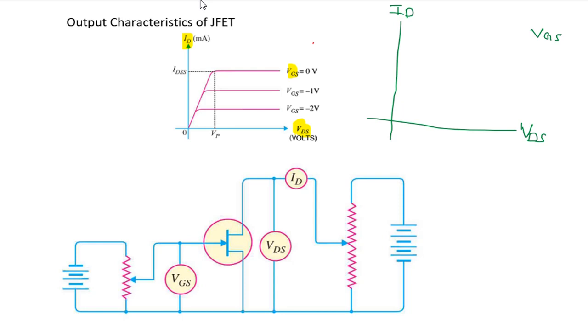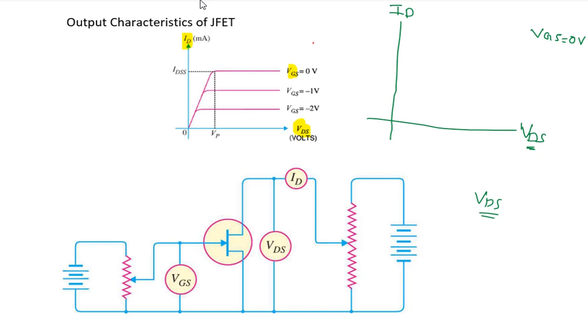And how we will plot this curve? First, we will keep VGS at some value. Suppose VGS is equal to 0 volt. Now VDS is changed in steps. So we will change VDS in a few steps.